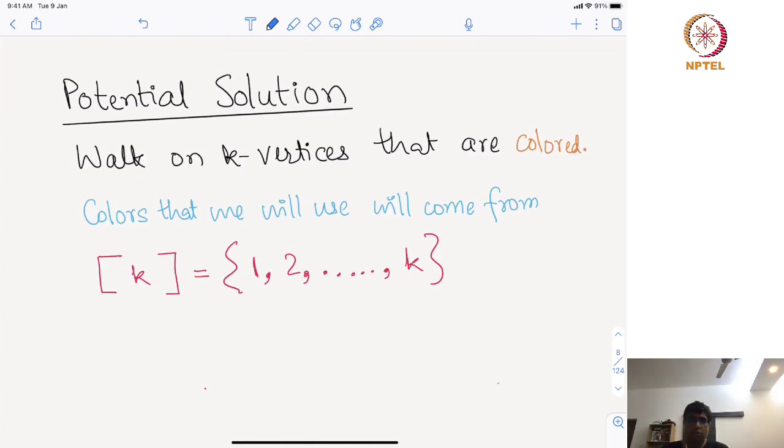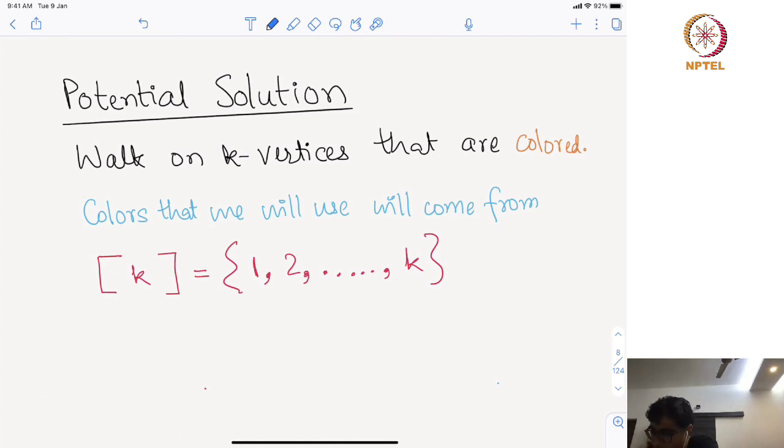So what are the potential solutions? Walks on K vertices that are colored. The colors that we will use will come from 1 to K. This is exactly like color coding, where colors were always used from 1 to K to color K vertices distinctly.